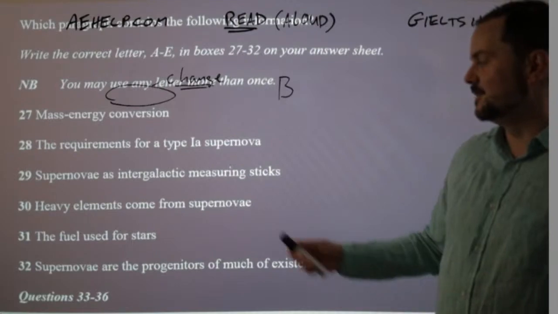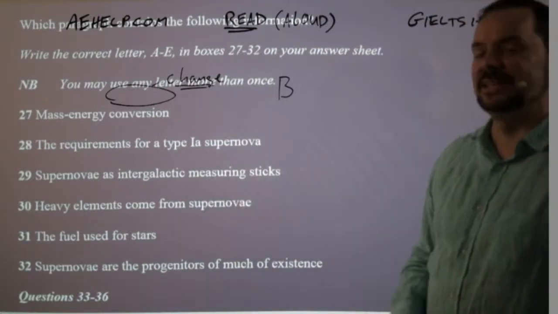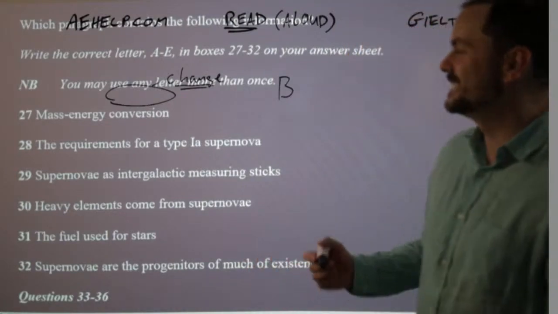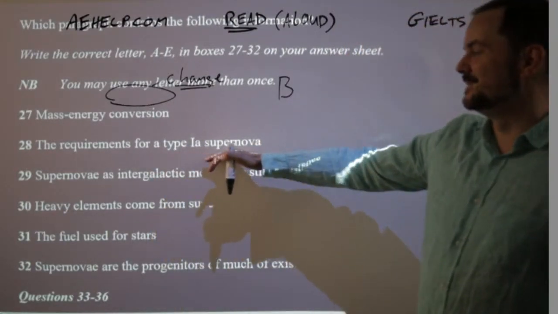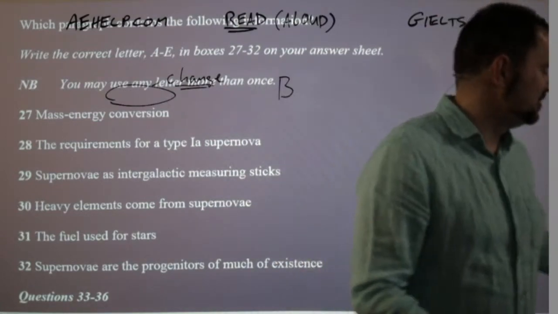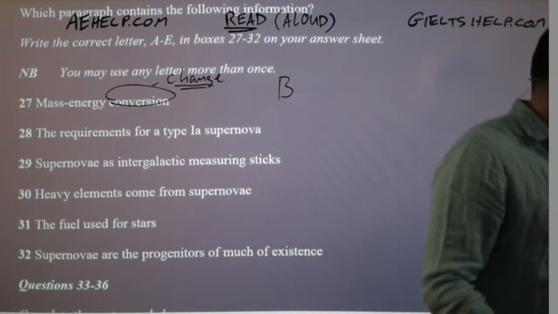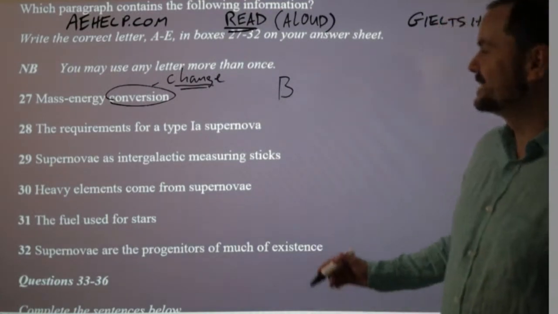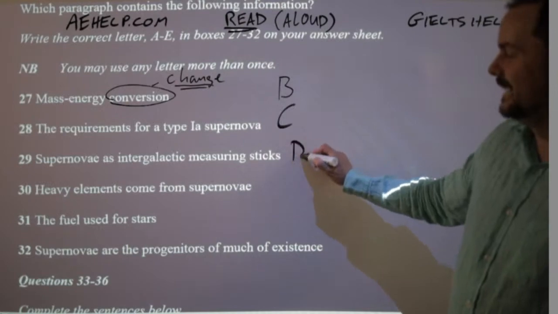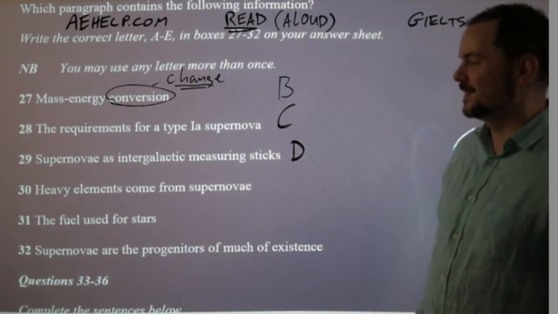And David says, but whatever, this one is definitely D. Okay, good, David. Yeah, Kashirsha says C for the requirements of a type 1a supernova. Yeah, the requirements being the 2 stars, right? It's a binary star system. So again, so that's B, C, and D. Very good. Okay.